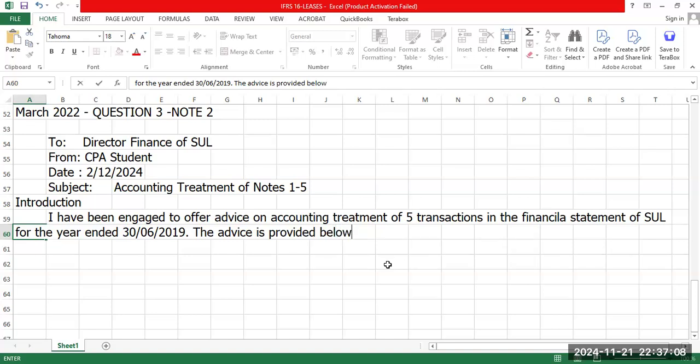Now you start with the note you want. We are handling note number 2, which is about lease of a machine.